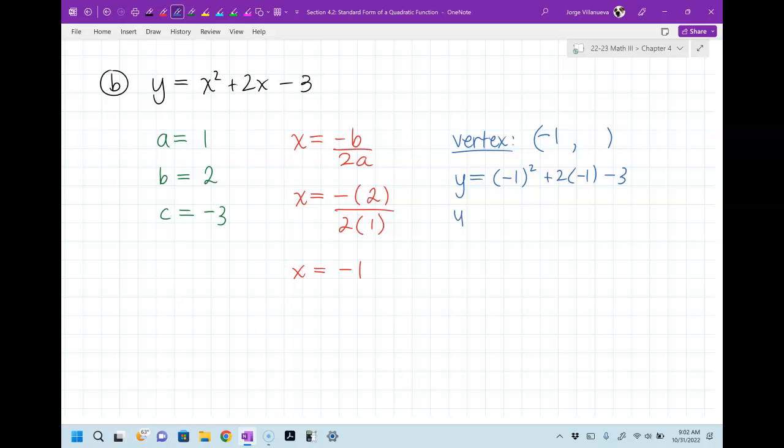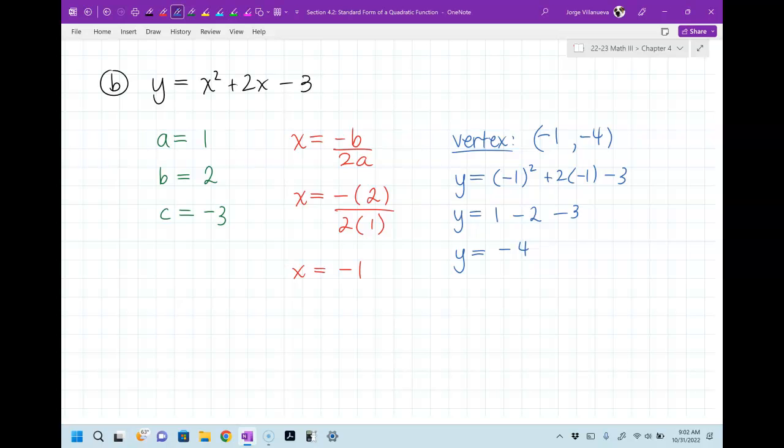Just start working through it slowly. So -1 squared is 1. 2 times -1 is -2 minus 3. Well, 1 minus 2 minus 3, that's -4. So -1, -4. There's my vertex. Remember, that's my starting point.